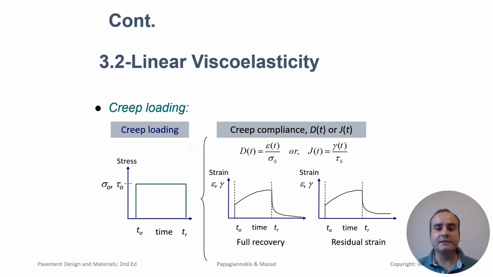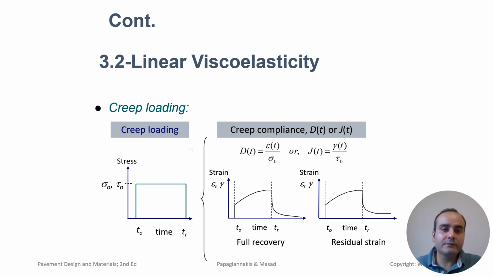Creep compliance is defined as the ratio of the strain that develops in the material over time to the constant stress applied. Mathematically, it is expressed as D of t equals epsilon of t, and basically we have a constant value of sigma in the denominator.